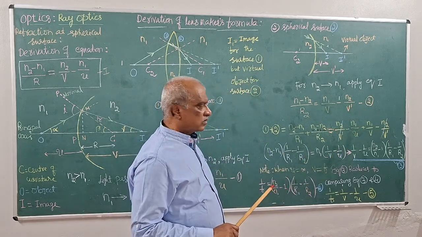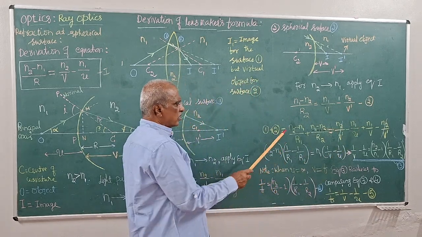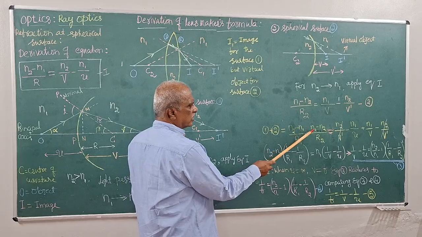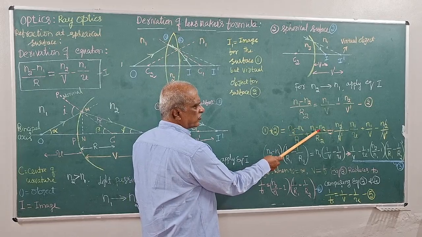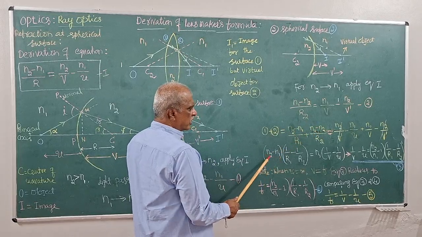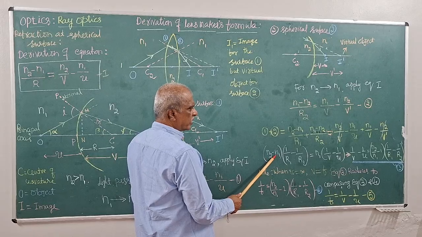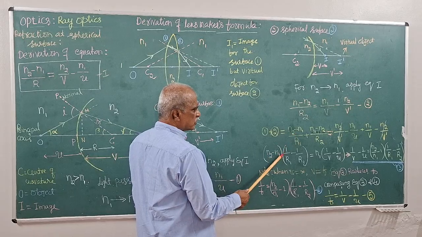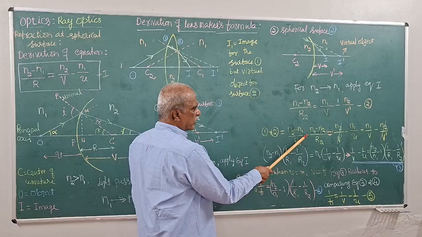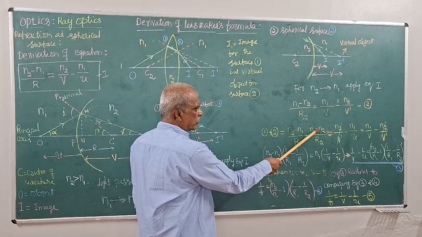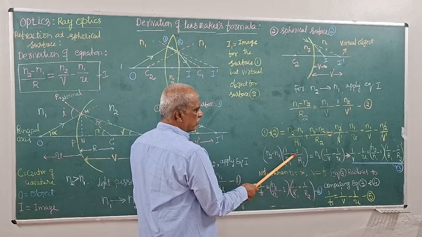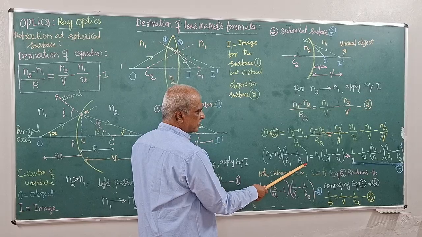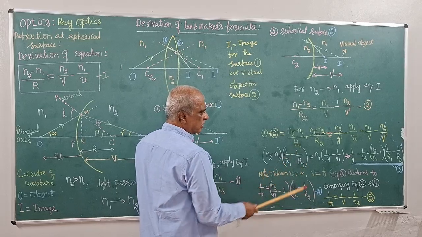Write the remaining, taking out the common factor. Here it is n2 minus n1, and here n1 minus n2, take out minus as common factor, so it becomes n2 minus n1 times 1 over r1, minus 1 over r2. That is the left hand side of the equation.